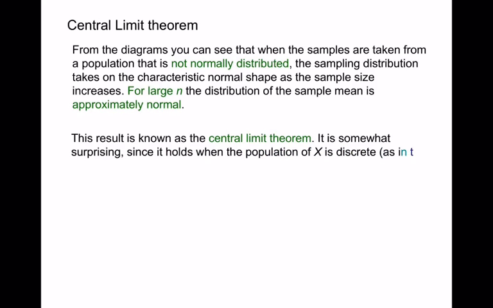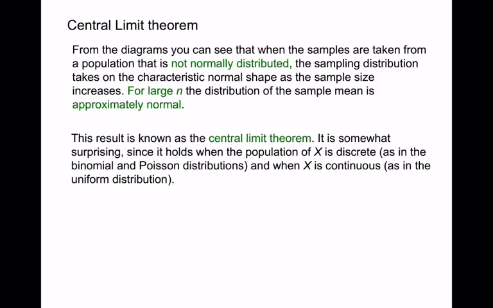It's somewhat surprising since it holds when a population is discrete, like the binomial or Poisson that we did, and also holds if the original population is continuous, like a uniform distribution, although I didn't do a GeoGebra applet for that because it's not in our course.